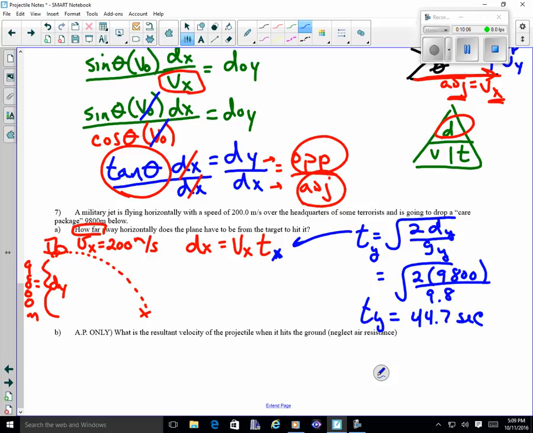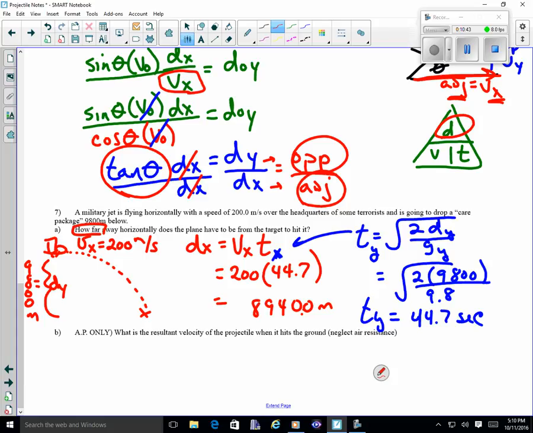So now I'm going to take the velocity that the jet's going at, 200, multiply it by 44.7, and that gives you a total of 8,940 meters away. So if the plane drops the care package 8,940 meters away, it will hit its target and the plane can turn around and go back.